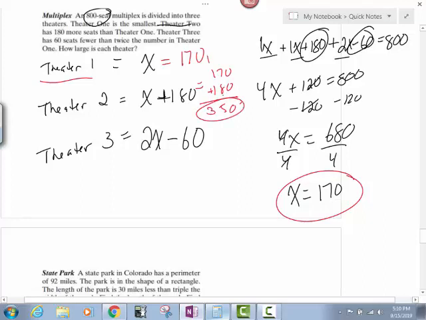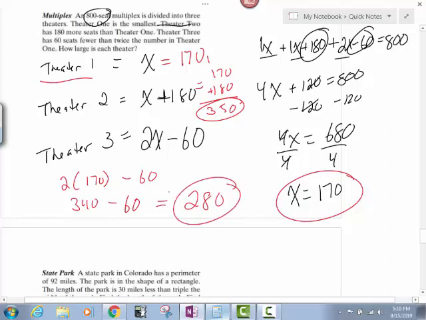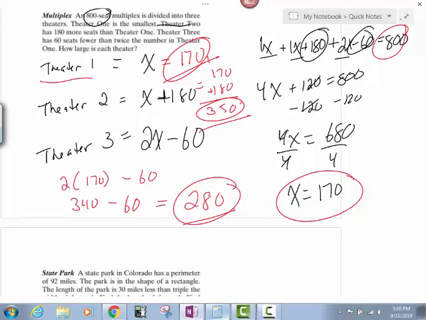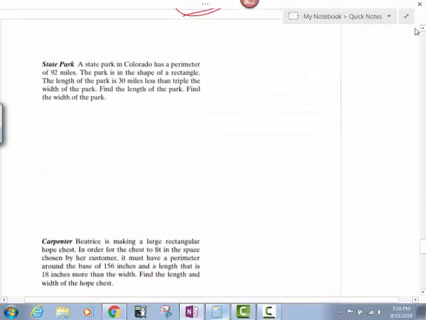Theater 3 is going to be 2 times 170 minus 60. So 340 minus 60 should be 280. Okay? And again, if we take 170, 350, 280, add them all together, we're going to get our 800, right? All right.